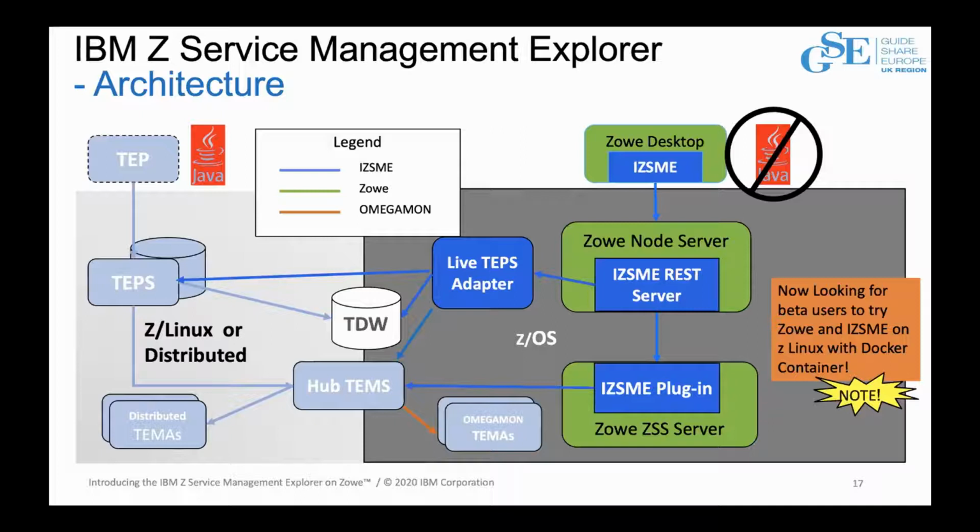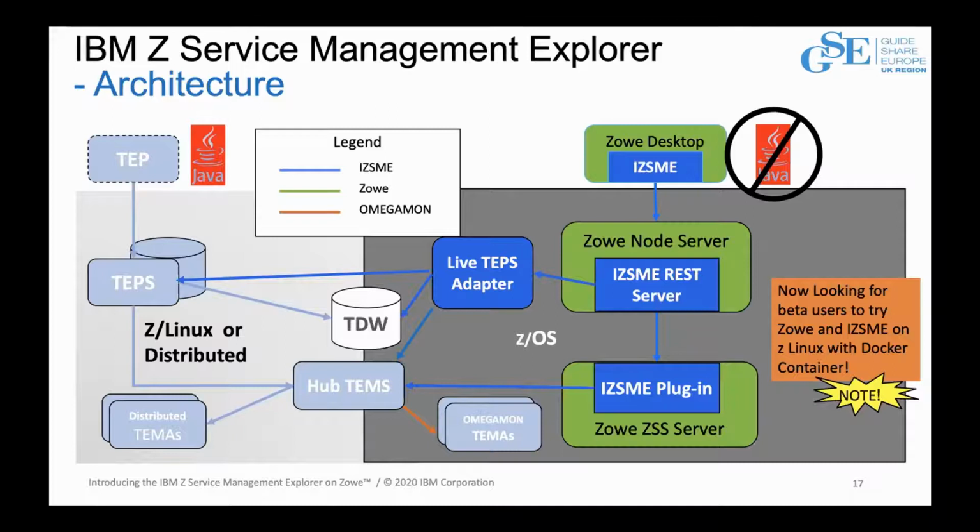I was going to jump two screens, but there are options available now, or rather we're working on. There's a beta that's open. As you can see here, there's Zowe and SME running on z Linux in a Docker container. So if you are interested in running IZSME on z Linux in Docker, let me know, and I can put you in contact with the right people.